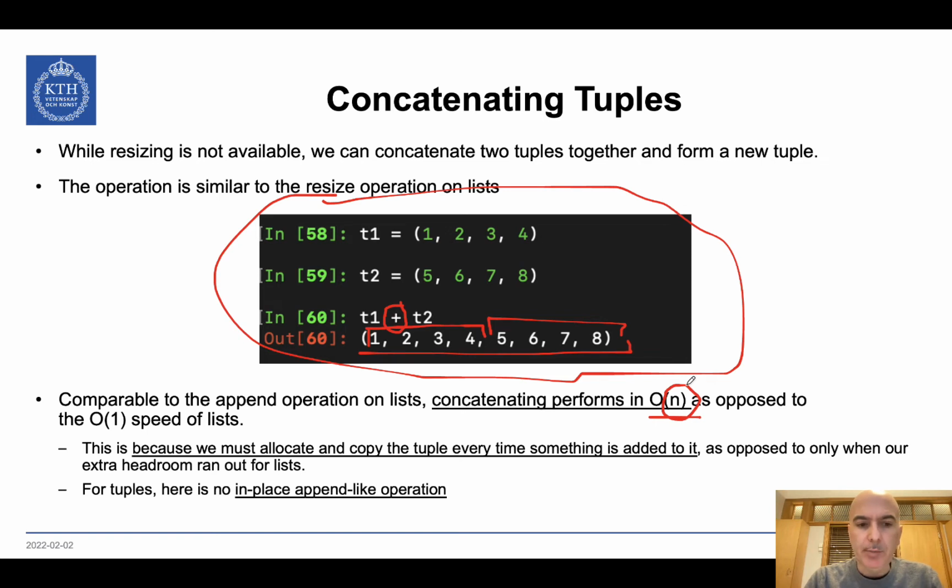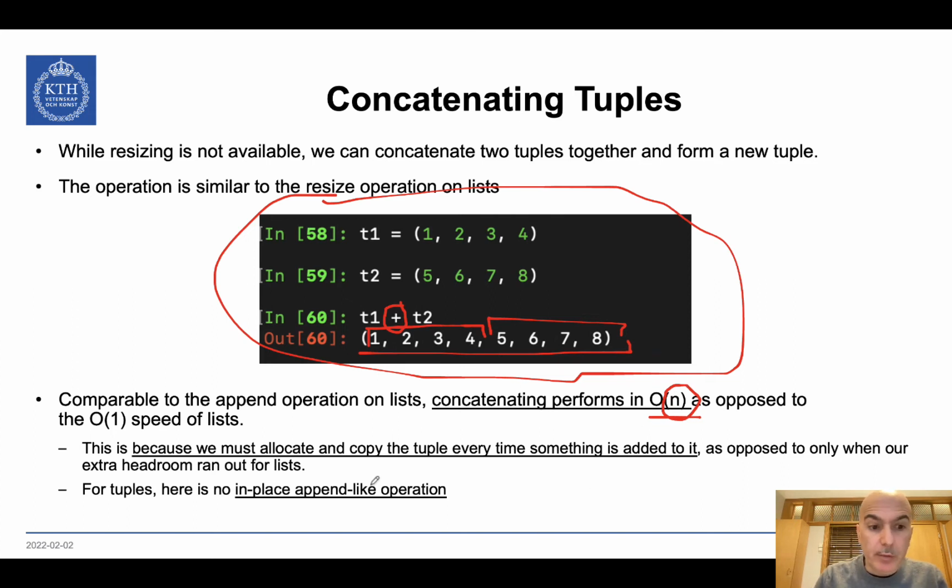The reason is that when we concatenate, we must allocate and copy the tuple every time something is added, as opposed to only when our extra headroom runs out for the list. In the case of the list, we know that we are over-allocating.